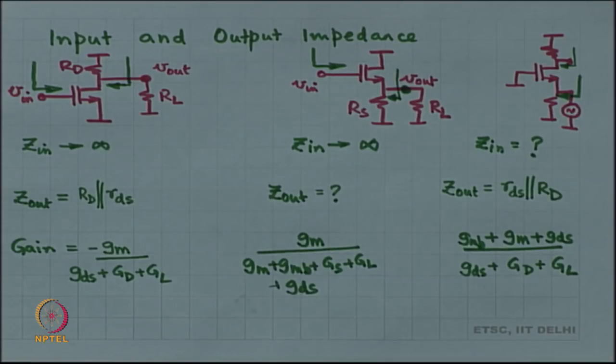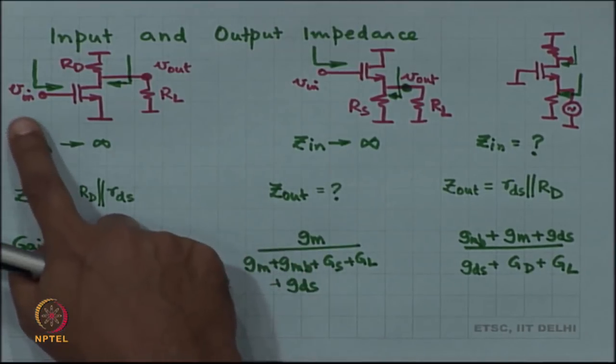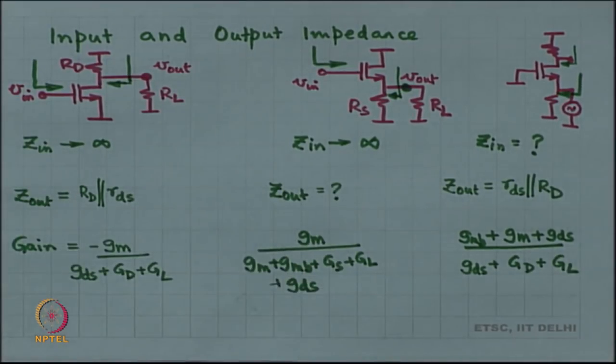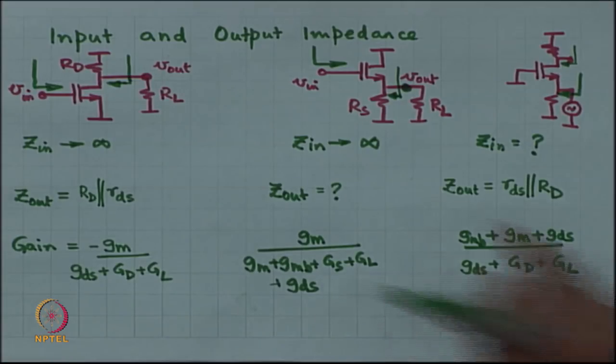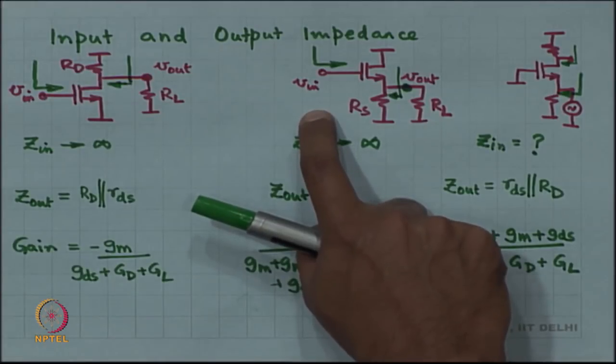What can work as an input voltage source, what kind of voltage source can drive this amplifier circuit. So, Z in is infinite over here. So, any source impedance will be fine, there is no problem. Here Z in is infinite, any source impedance will work out.